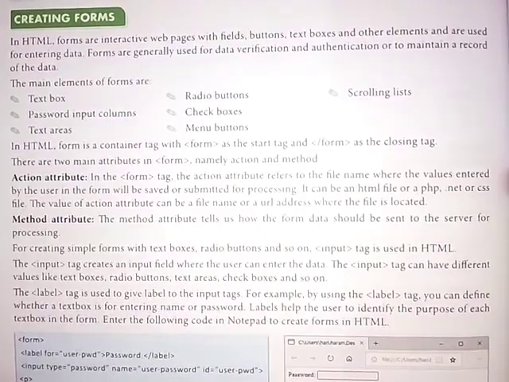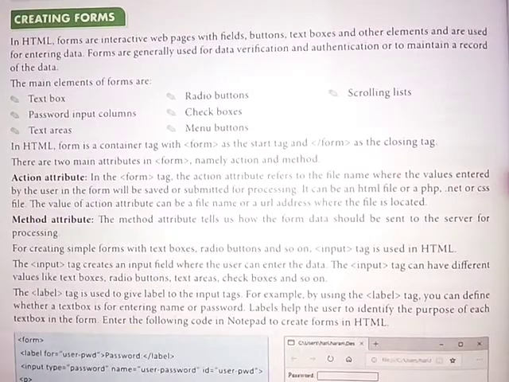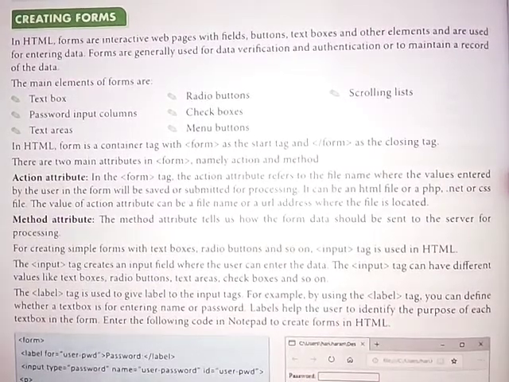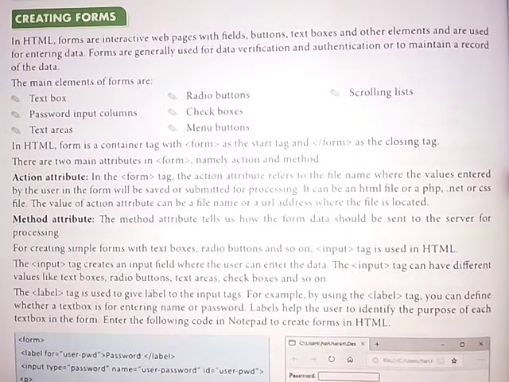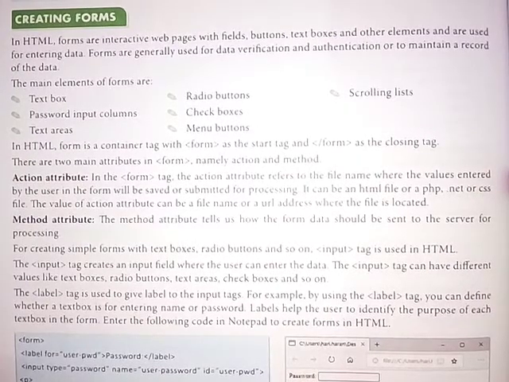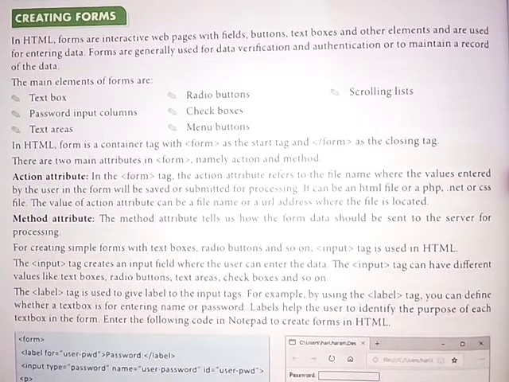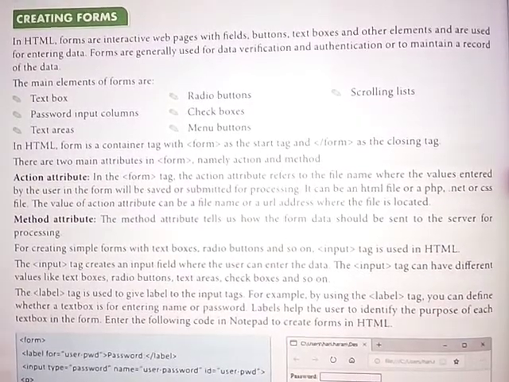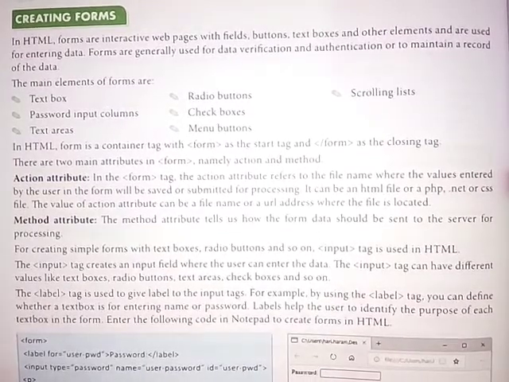Creating forms. In HTML, forms are interactive web pages with fields, buttons, text boxes and other elements and are used for entering data. Forms are generally used for data verification and authentication or to maintain a record of the data.